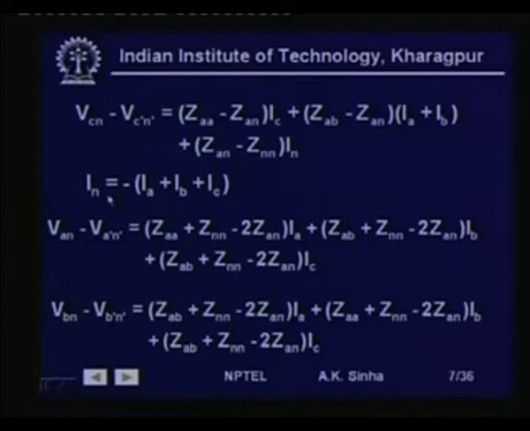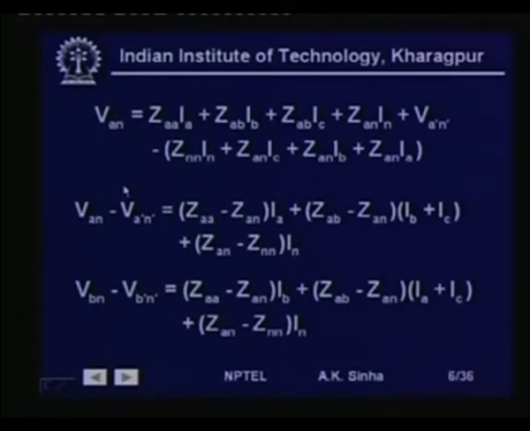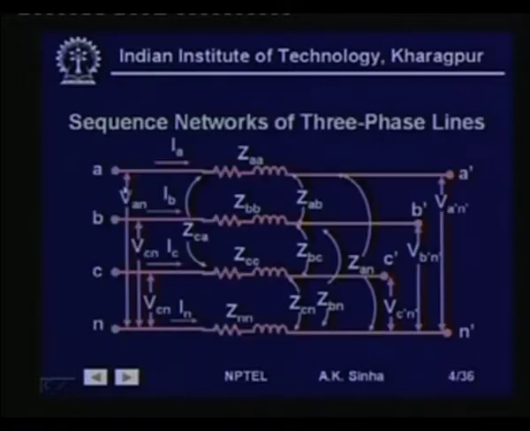Now, we know that for the system IN is equal to the sum of all the currents, and the direction will be reverse, so a minus sign will come here. IA plus IB plus IC will be flowing, and the return will be through this.